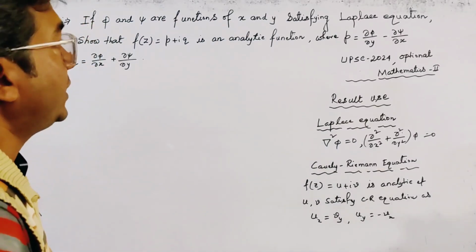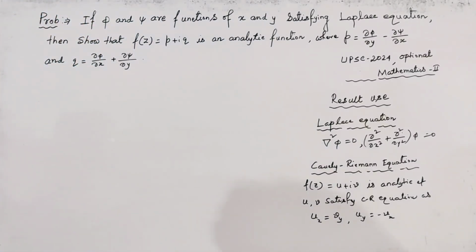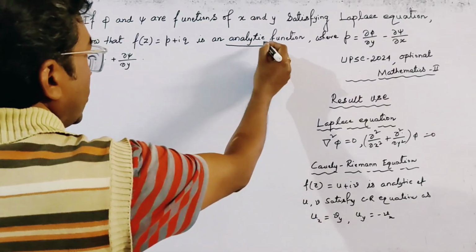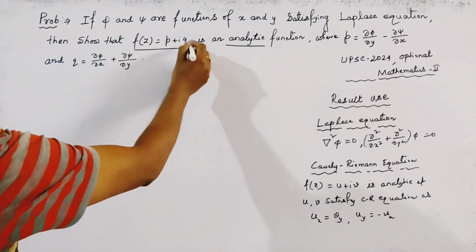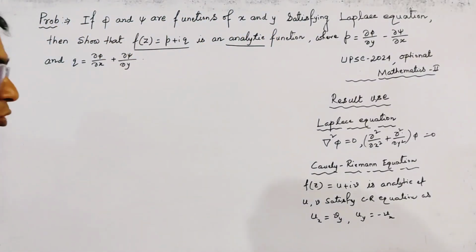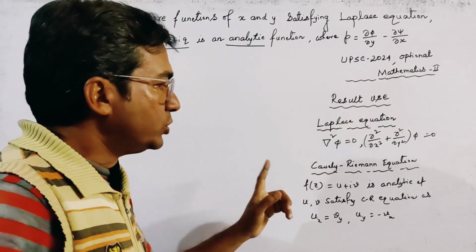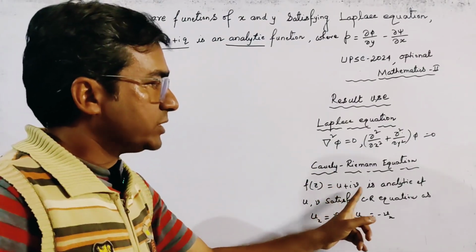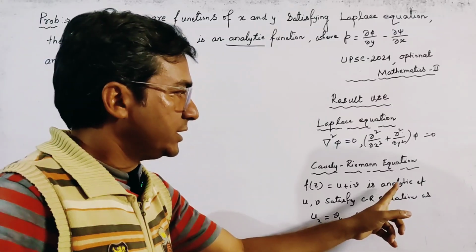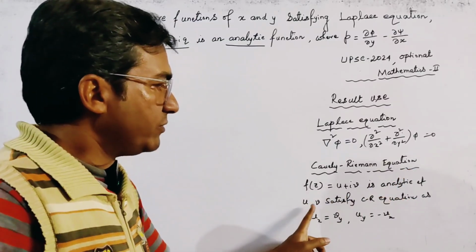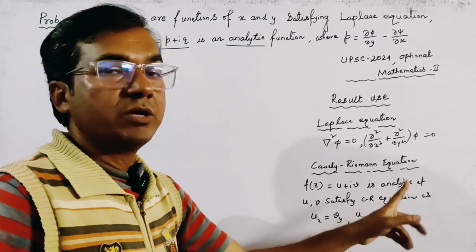Okay, and we use the condition of analyticity of a complex valued function f of z. We know from the Cauchy Riemann equation that f of z equal to u plus iv is analytic if u and v satisfy the CR equation.